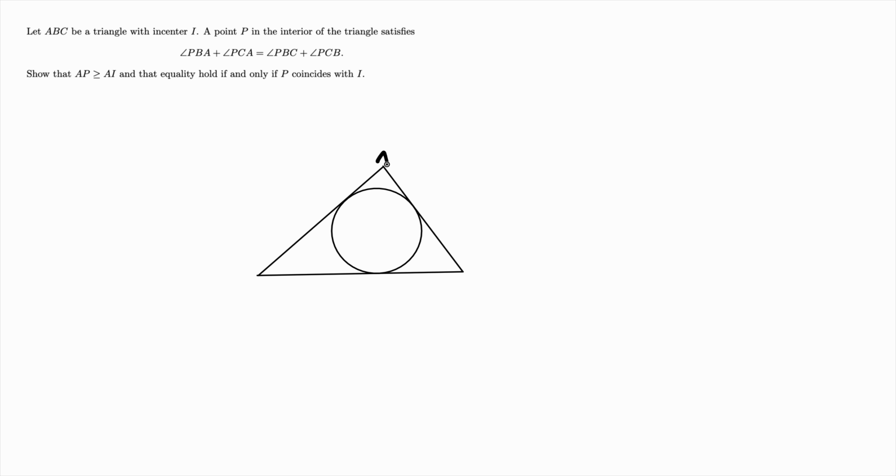So let this be A, B, C, I. Point P is in the interior of the triangle and satisfies, where is point P?